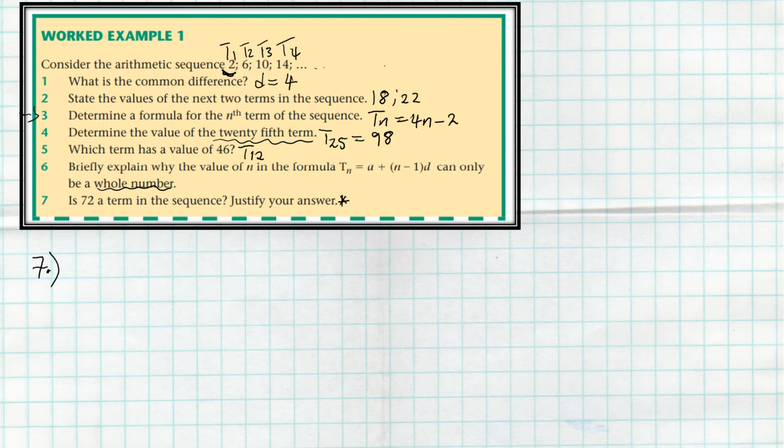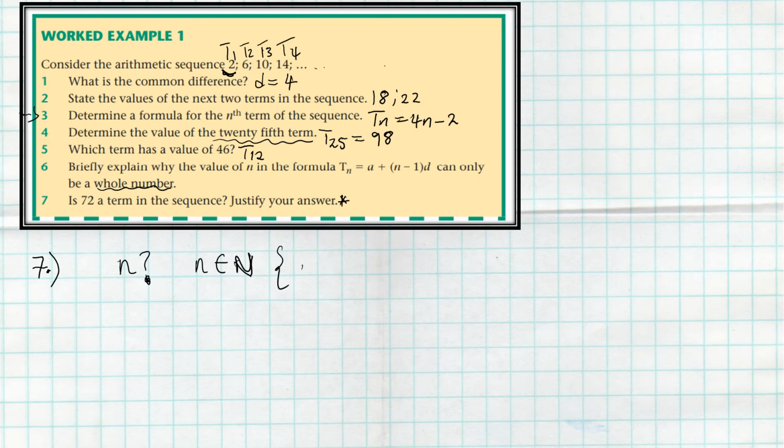How do we solve this, right? If we want to know that something is a term in the sequence, we can determine its position, which is n. If we know n, we can say this is really a term. Remember we said n must only be an element of natural numbers.